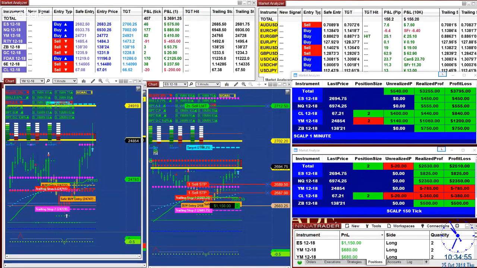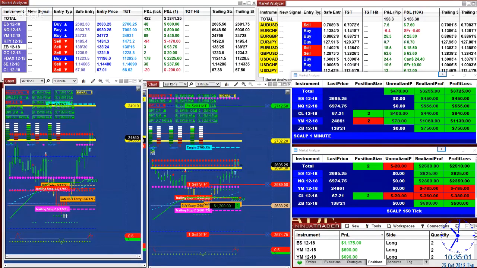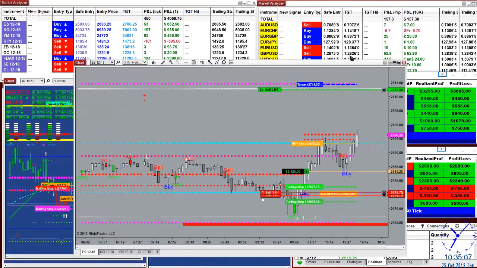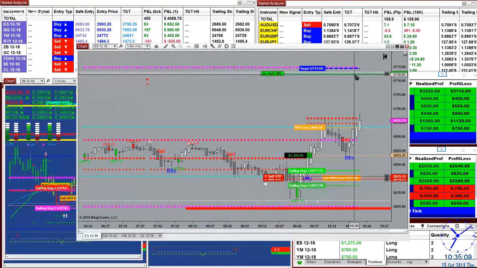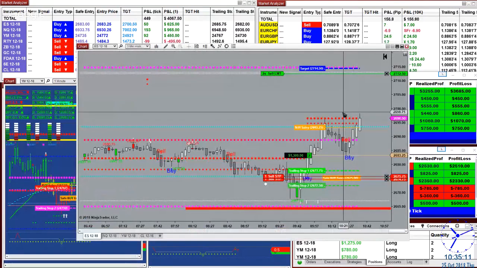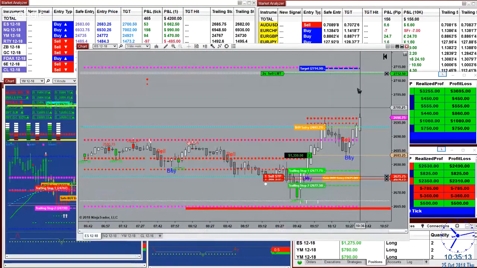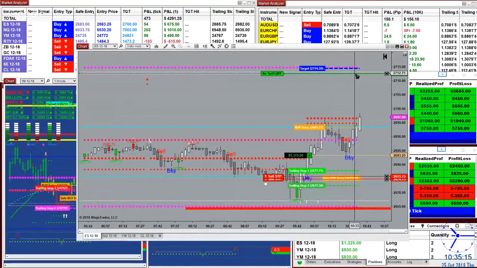So the way it is, this market is pretty direct. Once we close above those double resistance, we should be straight to 12. This is a very nice trade.